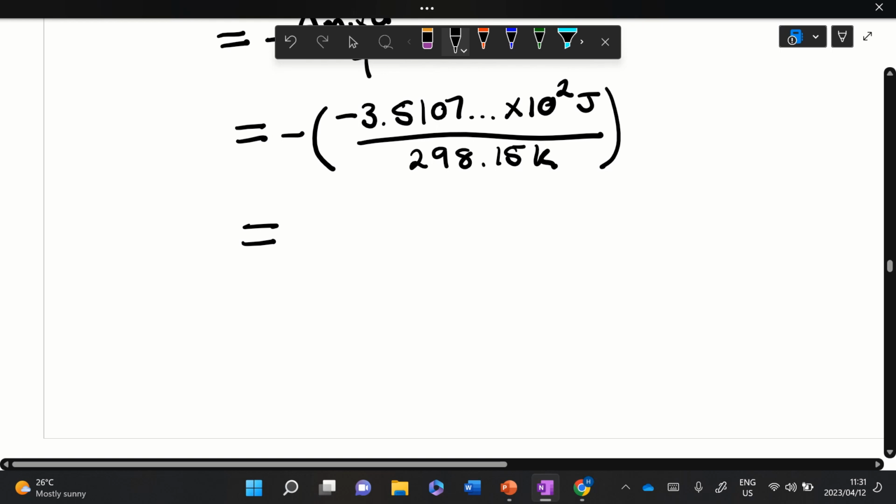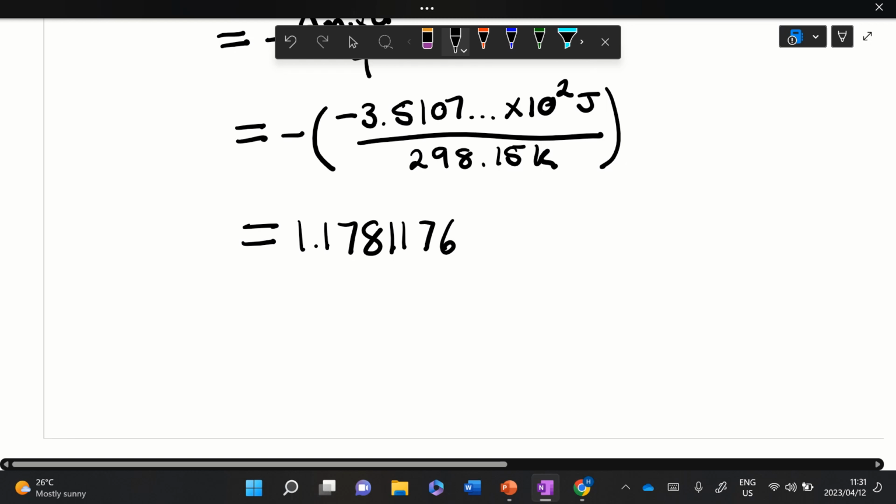And then that finally gives us a value of 1.17811176 and so forth, which can be rounded off to a value of 1.2 joule per Kelvin. Okay, so that's the entropy of mixing.